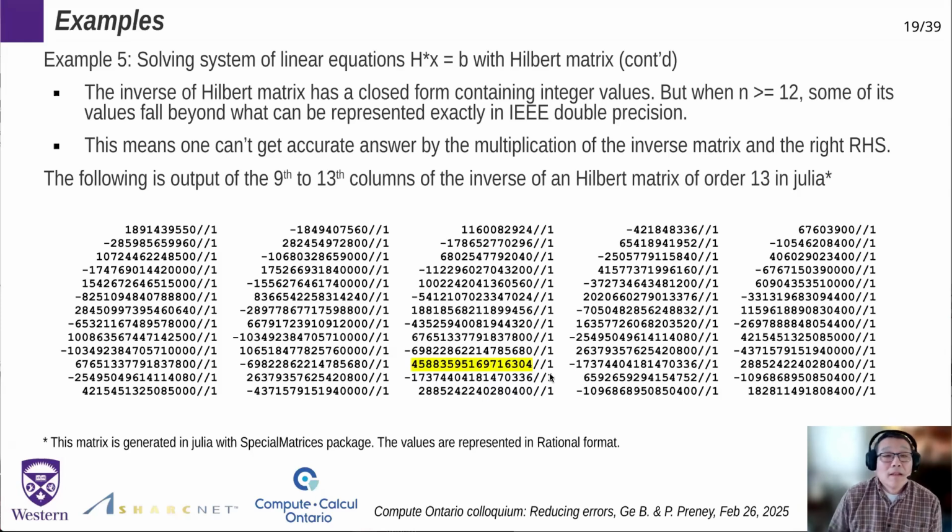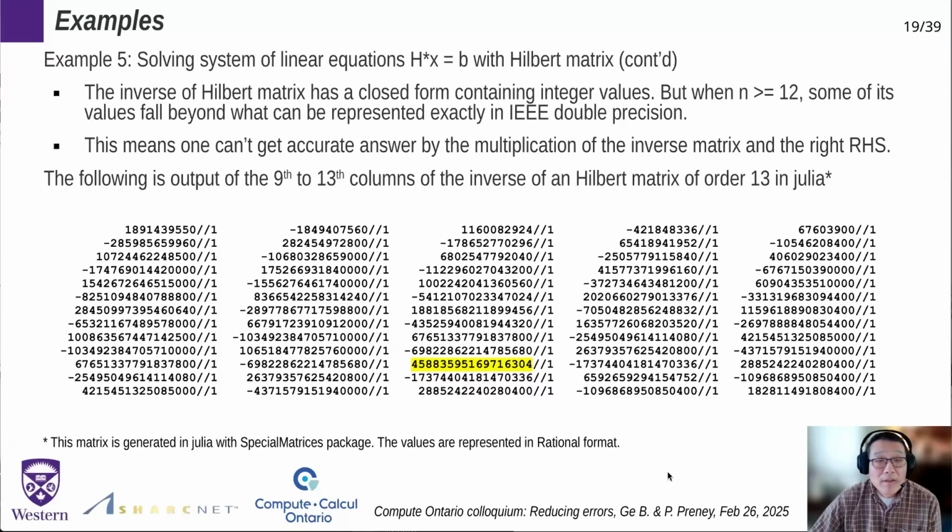But the problem is, although the Hilbert matrix has a closed form for its inverse, if you look at the numbers for size, for example, greater than 12, those numbers cannot be represented exactly in IEEE double precision. So we cannot expect to get the exact answer by multiplying the inverse by the right-hand side vector b.